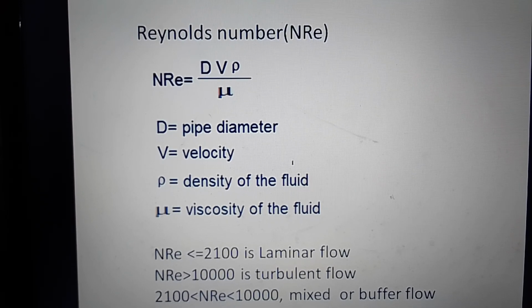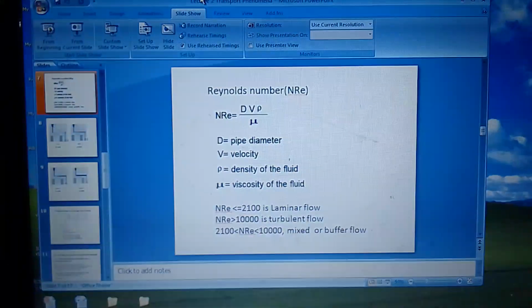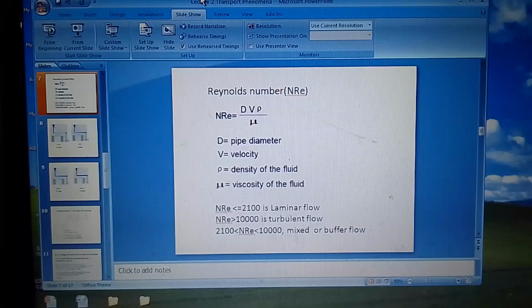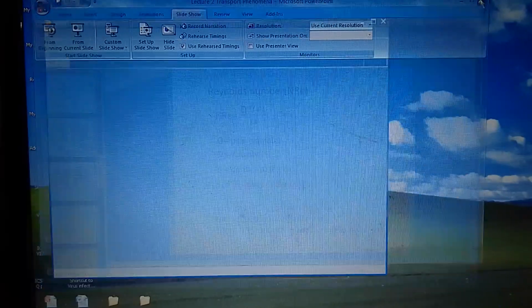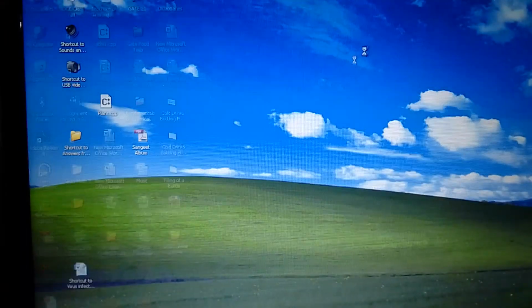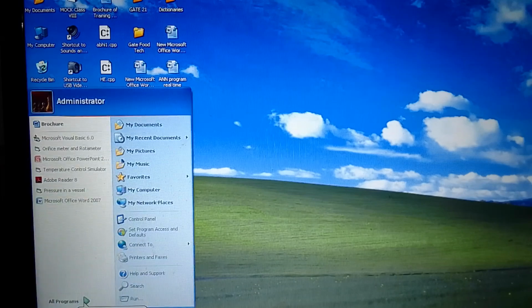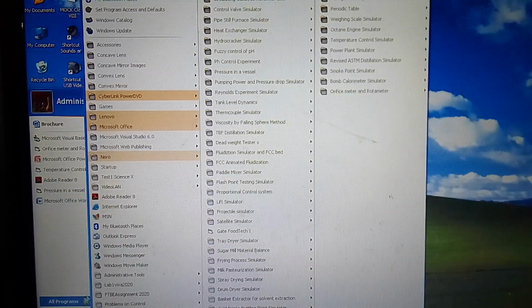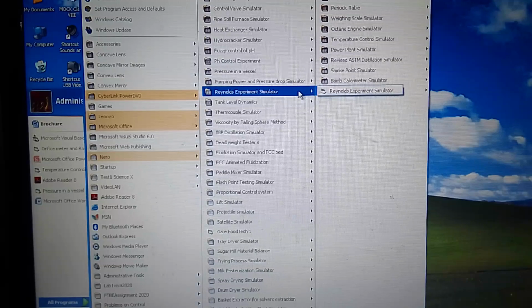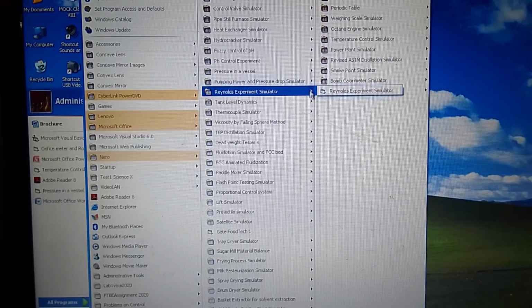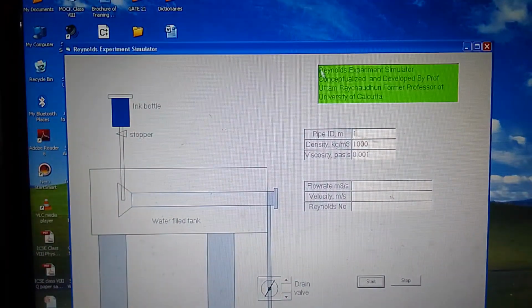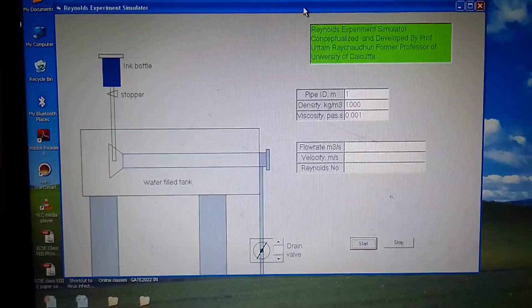Now we enter our virtual plant. This is our virtual plant.